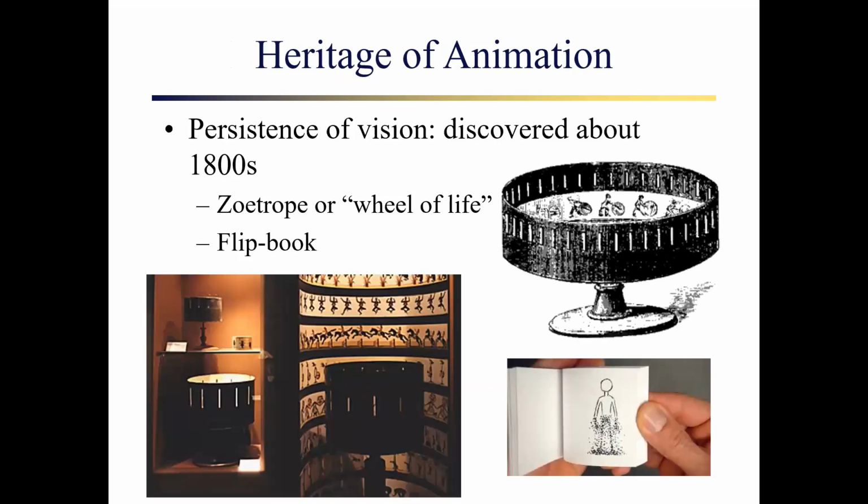So what are the heritage of animation? As you can see, parang nakikita natin yan sa mga horror movies. So yung ating zoetrope. Persistence of vision discovered about 1800, zoetrope, or the Wheel of Life, and the flip book. So until now, you have also that flip book pag-a-attend ka ng mga birthdays, di ba?